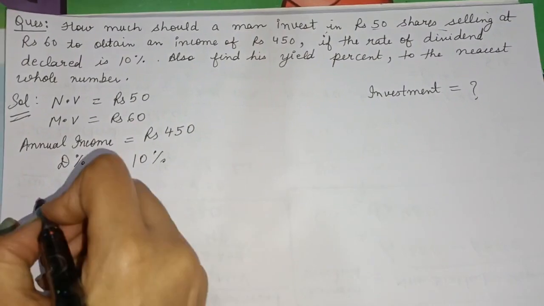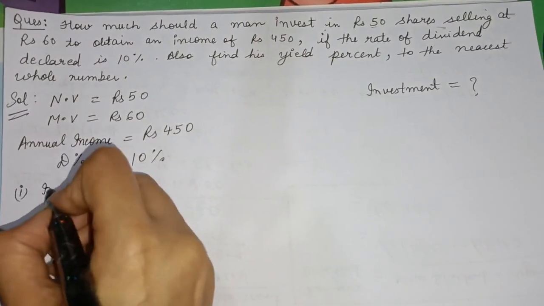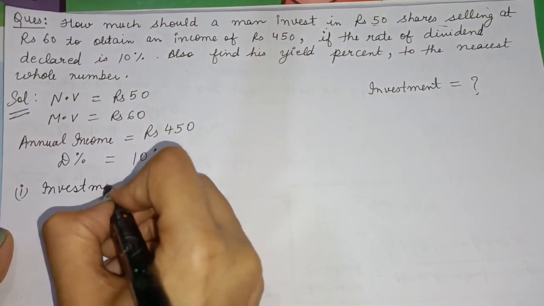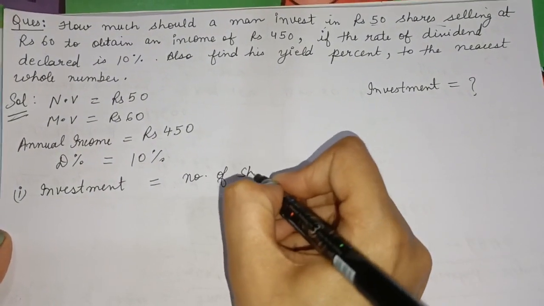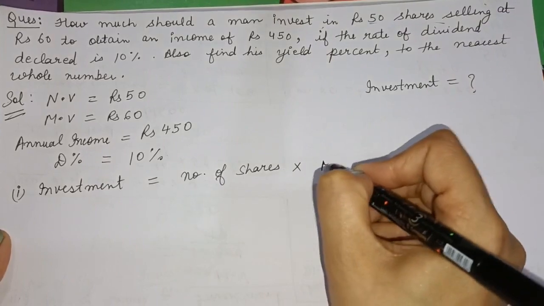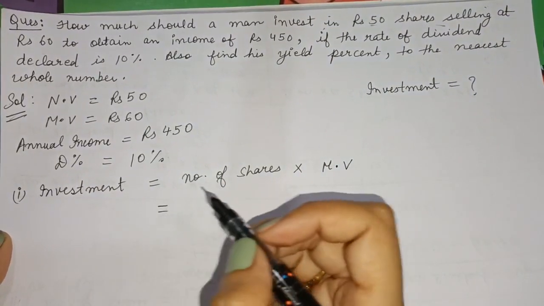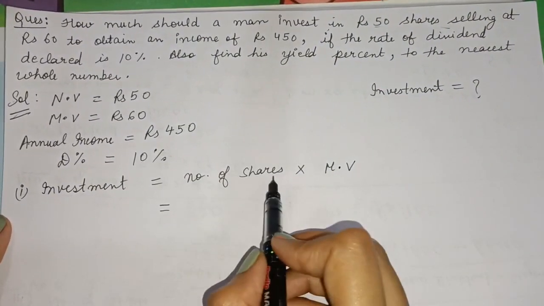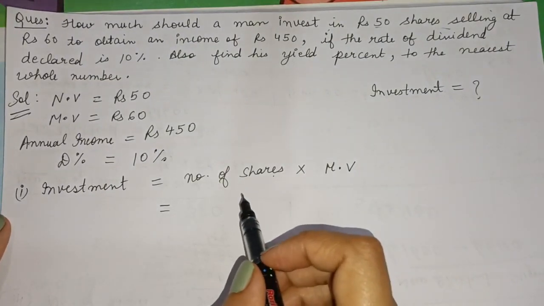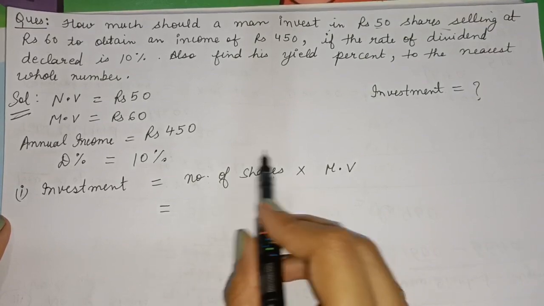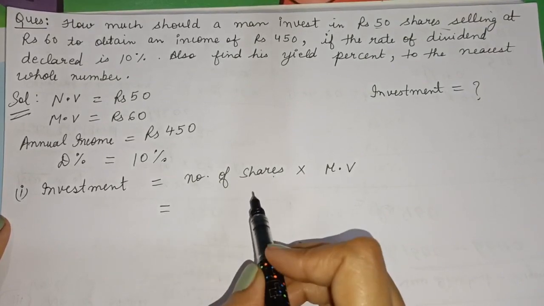So investment formula, many times now we have done. Investment is equals to number of shares into market value. But again you will see, number of shares we don't know. So we know another formula for number of shares.